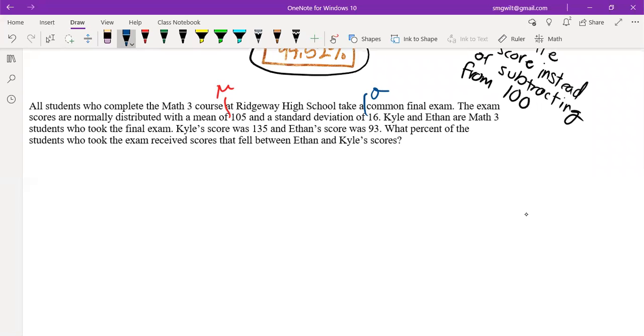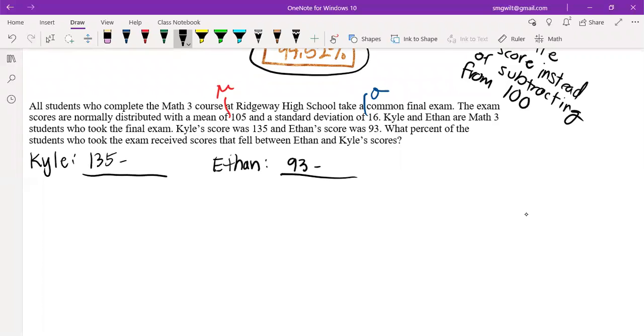Kyle's score was 135, so for Kyle, we're going to take 135 minus the mean divided by the standard deviation. Ethan's was 93, so for his score, we're going to do 93 minus the mean divided by the standard deviation. What percent of students who took the exam received scores that fell between Ethan and Kyle's scores?